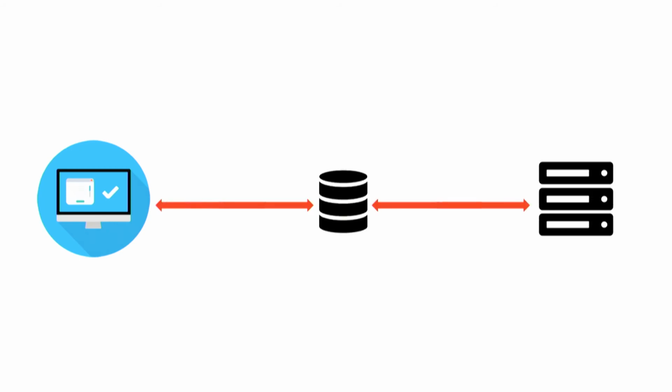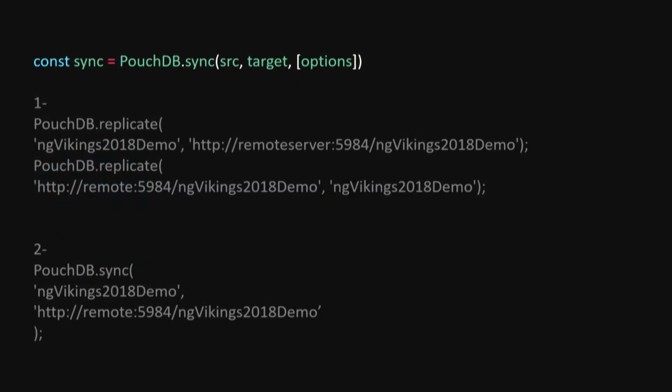So the goal is, instead of sending the data directly to the server, we can always, not always, let's say it depends on your strategy, you can save the data in IndexedDB as a middleware, and then you can sync back the data to the server and from the server. You can achieve that with PouchDB as easily as replicating from local to server or vice versa. And that means instead of just replicating like that, you can just call sync, and it's always going to be in sync.